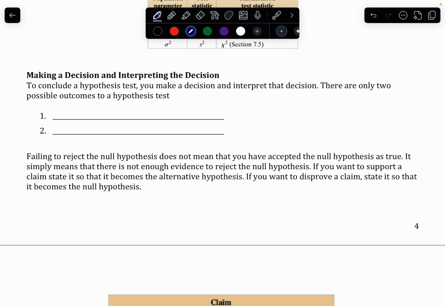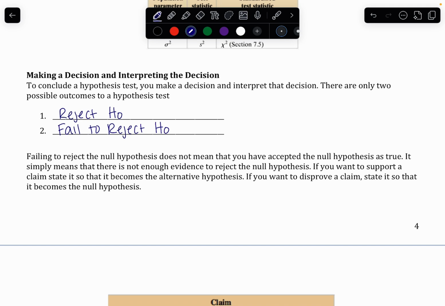To conclude a hypothesis test, you make a decision, interpret that decision, and there are only two possible outcomes. Our options are to reject the null hypothesis or to fail to reject the null hypothesis.